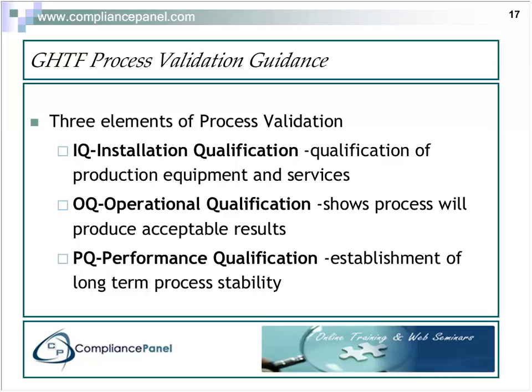So we will operate the process and produce product, and we'll measure that process to make sure we're producing good product. Typically, during this phase is where we dial the process in. We try to find the target operational values for that process so that it will produce good product. We'll start with a wider range, and then we'll narrow it down until we find the best spot to operate that process.